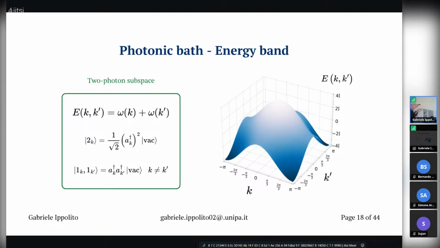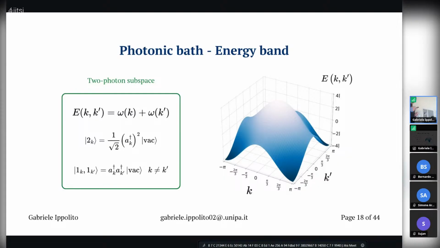It's given by the sum of the two individual energies. And the states we are interested in are states in which the two photons are emitted and propagate with the same momentum, or states in which photons are emitted and propagate with different momenta.